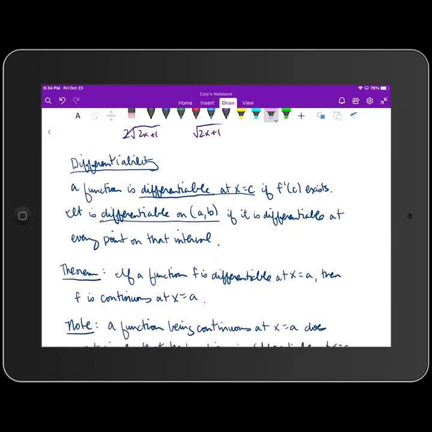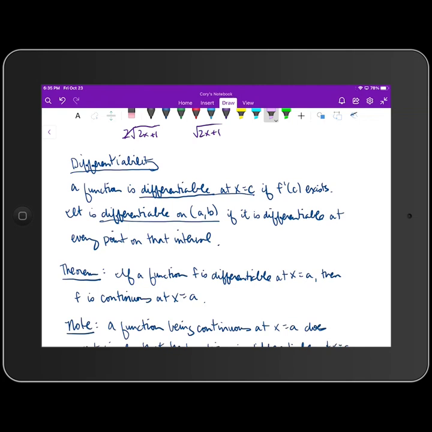Okay, so differentiability. We said that a function being continuous was a condition for a lot of the calculus theorems that we're going to use later on. Differentiability, a function being differentiable, is also a condition for a lot of the calculus theorems that we're going to use later on as well.